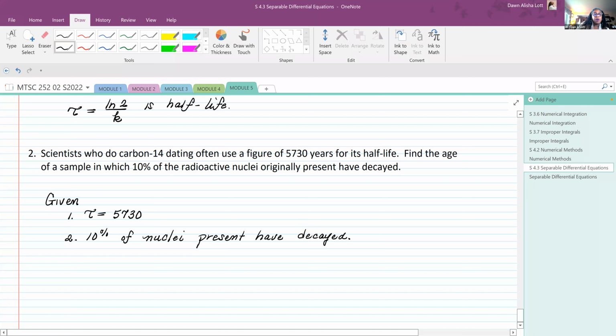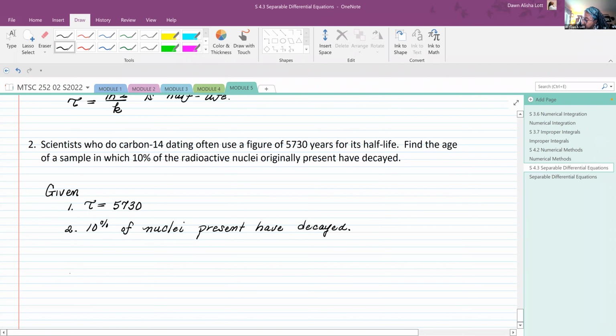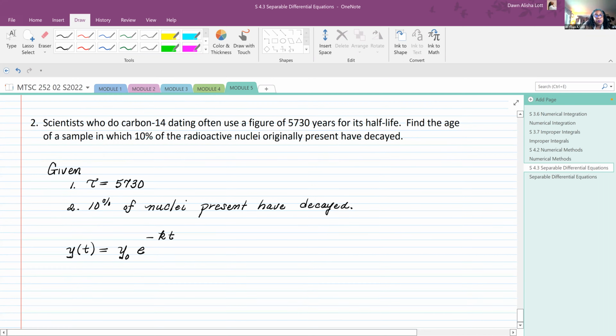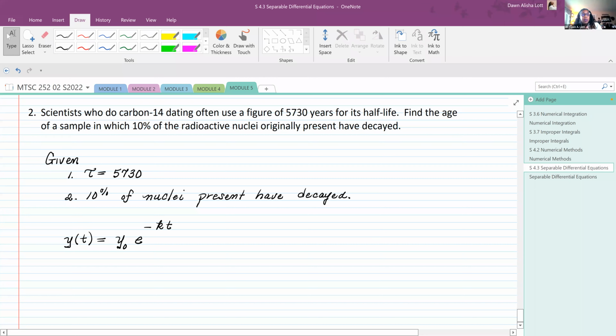Okay, so we already know our formula looks like y of t is equal to y naught times e to the negative k times t. So first thing we can do is solve for k. So what do we know?